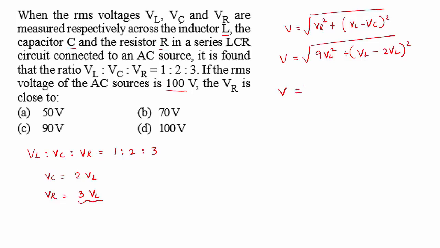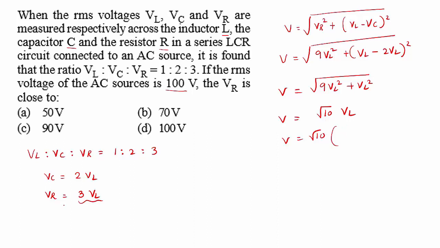So V equals root of 9VL square plus VL square, because VL minus 2VL will be minus VL. So V equals root of 10 into VL. We want the value of VR.